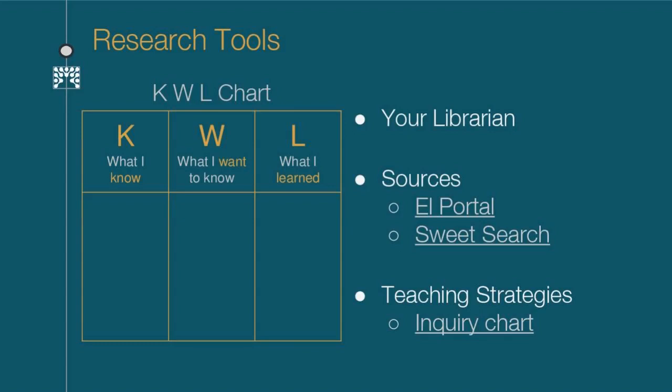Consider them your teaching partner when it comes to any assignment that involves research. They can help with co-teaching, they can help you develop lesson plans. They're great for just hanging out and brainstorming a few things with. They can share new sources of information, provide resources for you, obviously. So definitely develop that relationship and use your librarian if you have one.